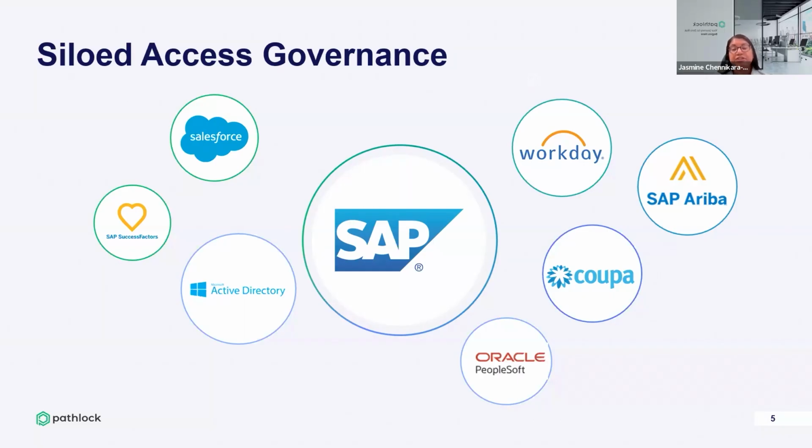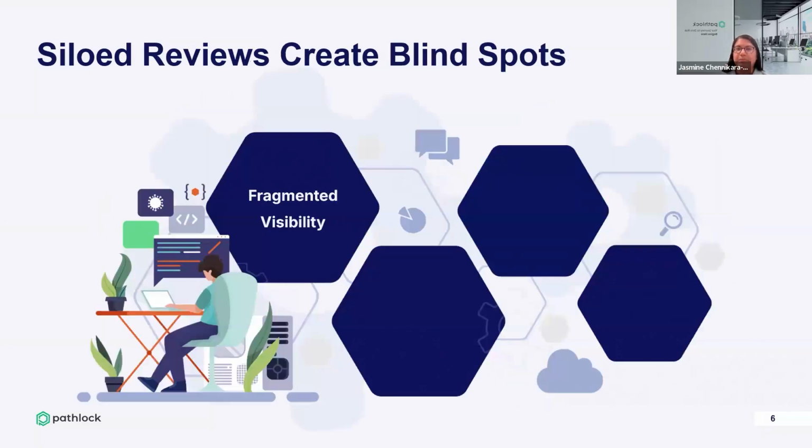Each of these different applications are probably running their own user access reviews, but in a siloed way. So they may be running it at different frequencies or with different review processes. And this is where it becomes more challenging. So when we talk about different SAP and non-SAP applications, the challenge is not that the applications are siloed.